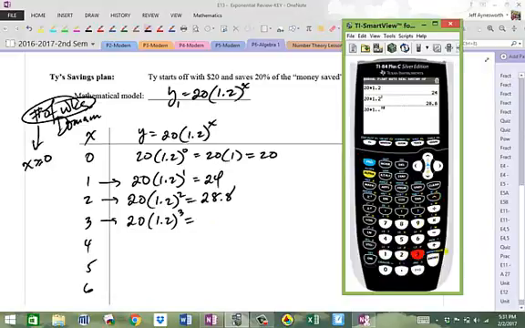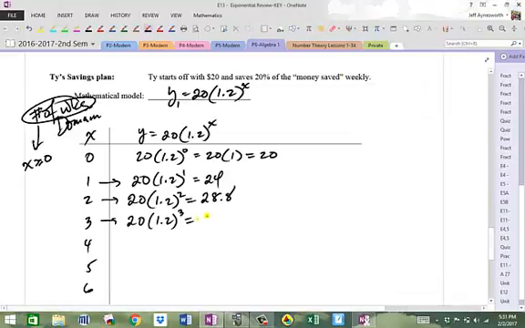Generate some values. Okay, let's try that again. 20 times 1.2 raised to the third power. You've got to enter in the right numbers here. 34.56. Here we have 20 times 1.2 to the fourth power.